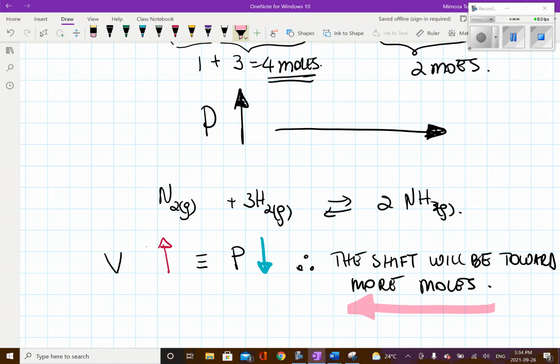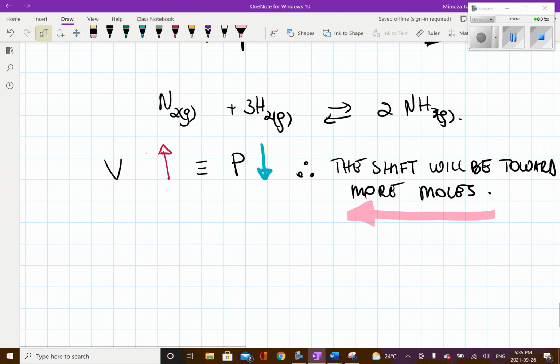So it will be to the left. And if volume is decreased, that is the same thing as saying pressure is increased.